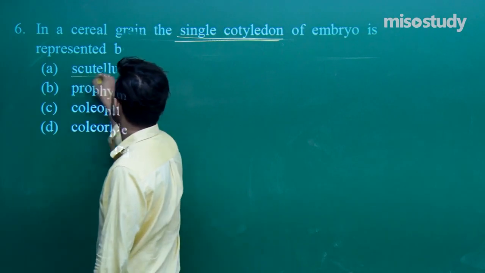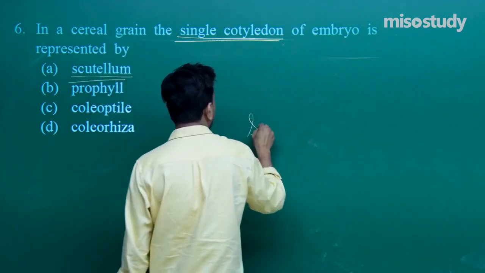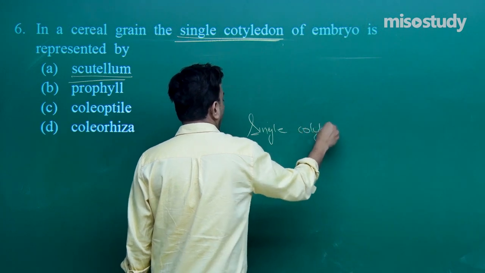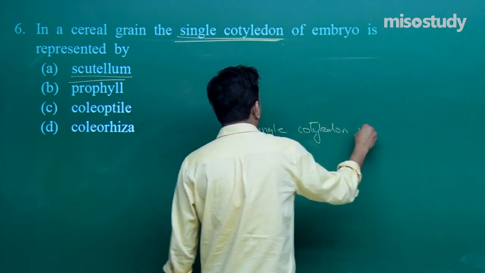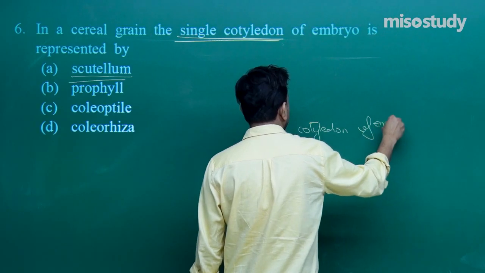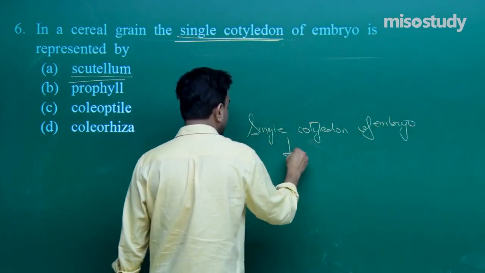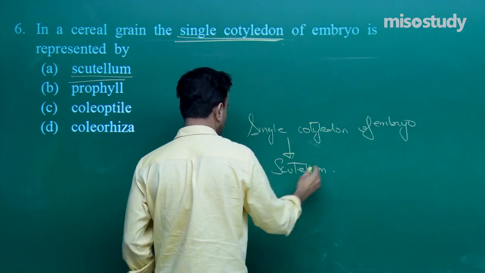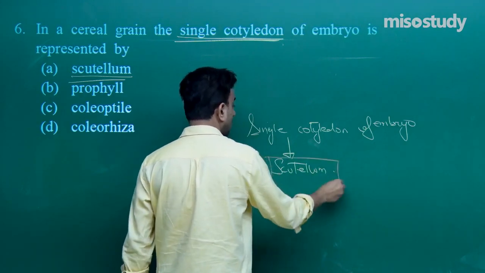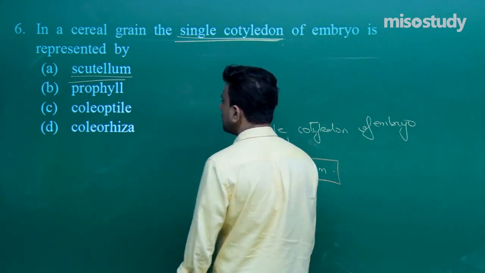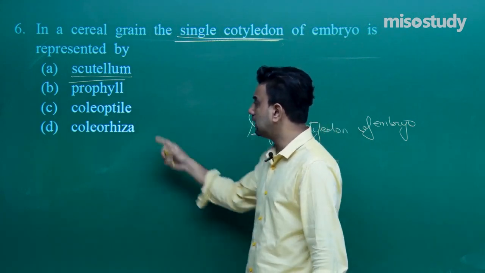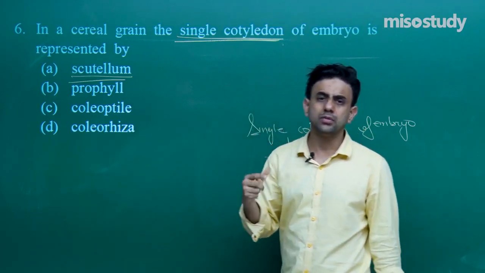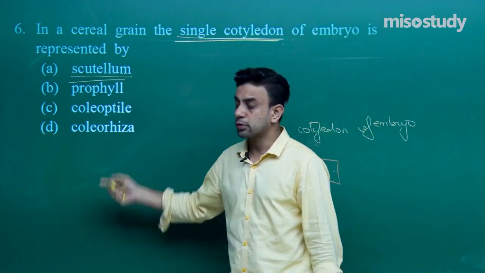Also, the coleoptile is the part that covers the plumule, and this is the protective part.